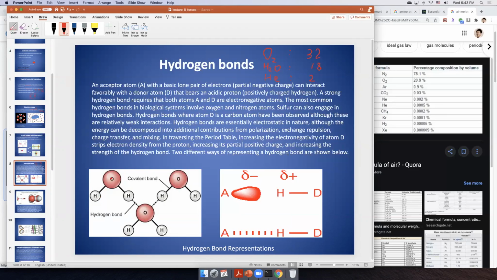If we look at the molecule of H2O, it's oxygen and hydrogen. The whole molecule is a polar molecule. In the oxygen part, it's negative. In the hydrogen part, it's positive, very negative and very positive.